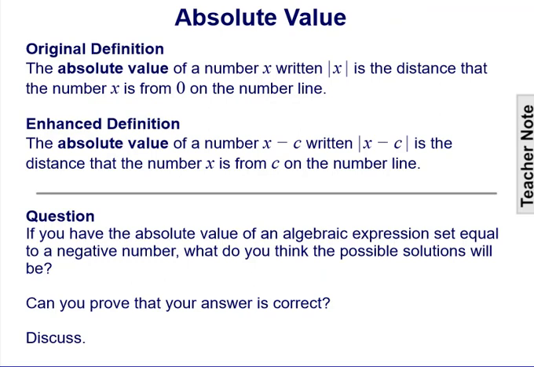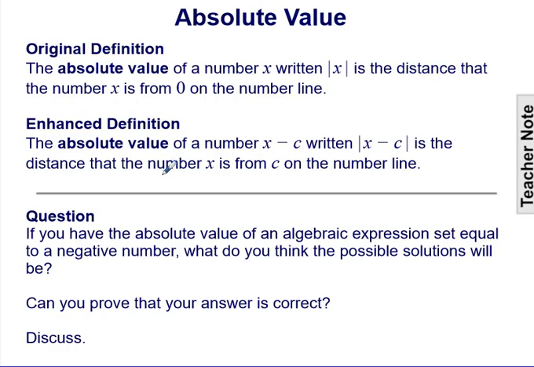So our original definition of the absolute value of a number x was the distance that number x is from 0 on the number line. Well, now it's not just x anymore. We have the absolute value of a number x minus c, written like this with the 2 bars for our absolute value, which is going to be the distance that the number x is from C on the number line.